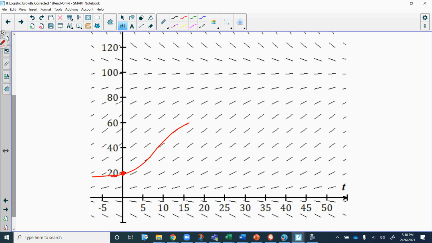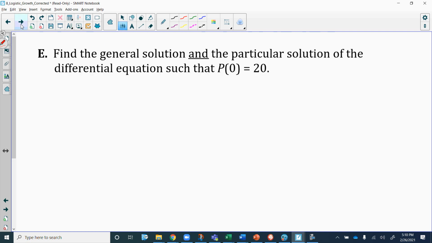Excuse me, and at some point it's going to grow, and I think I'm not growing it enough here. It's going to grow and grow and grow, and following those slopes, it's going to get to that horizontal asymptote and say, okay, we're done. That's all the wolves you can have at this party now.